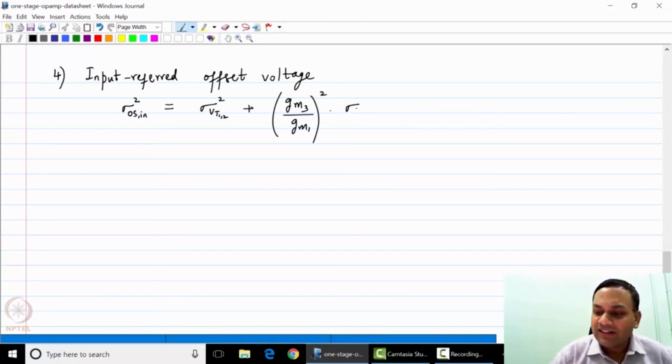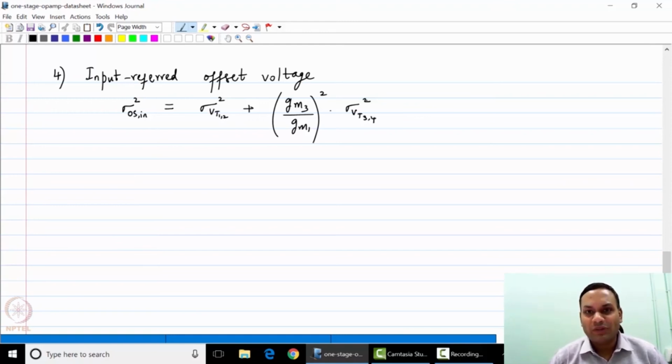The second term is the VT mismatch of transistors M3 and M4. So this is the expression for the input referred offset voltage. As we have seen before, if you were to minimize the offset contribution of M3 and M4, you have to decrease gm3 relative to gm1.